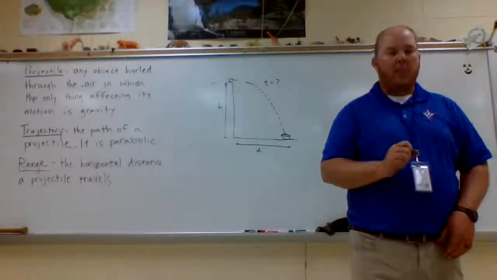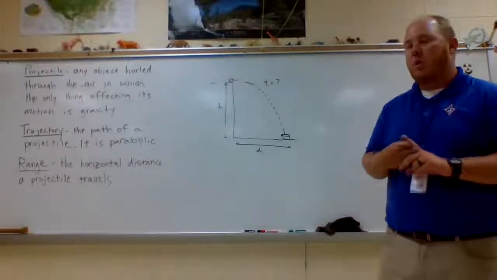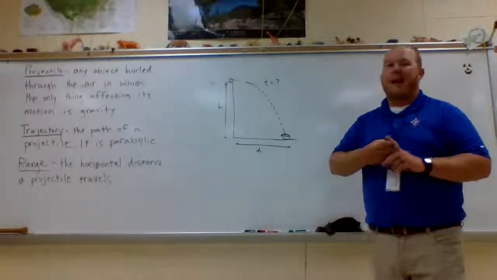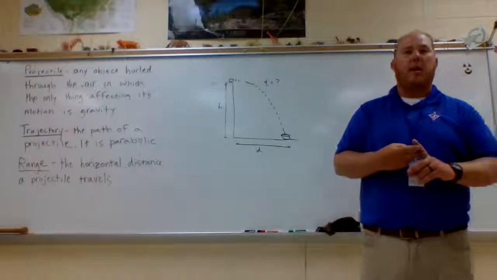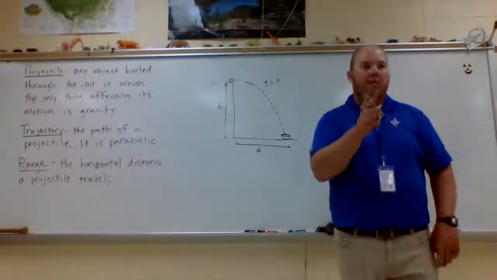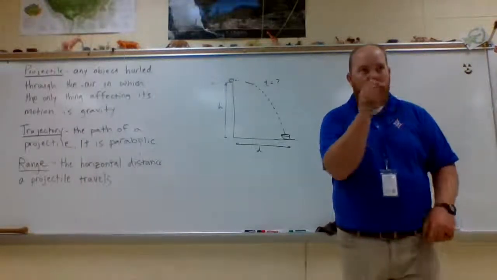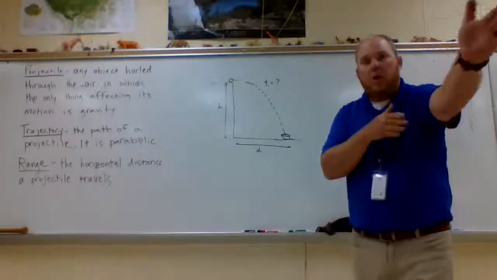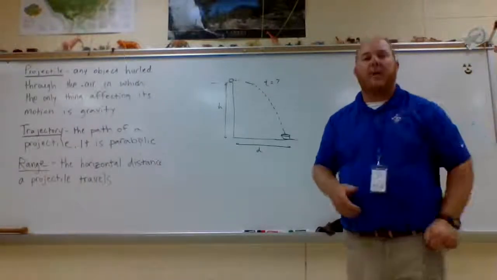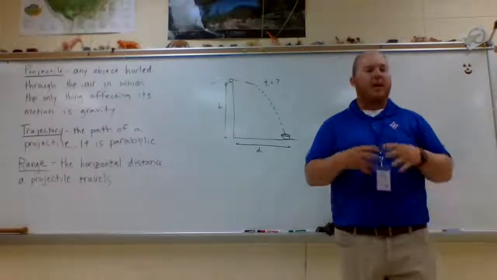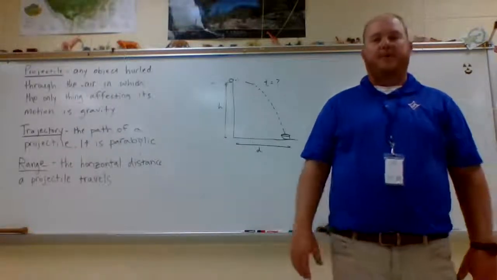That's number one, most important. Number two, most important, is there is absolutely no velocity, no speed fast enough that we can fire a gun or throw a ball horizontally that it will never be affected by gravity. Okay, gravity's always going to pull it down.